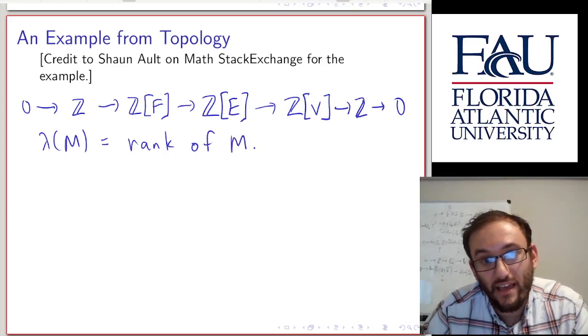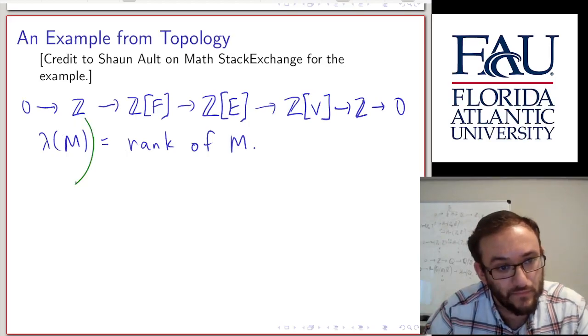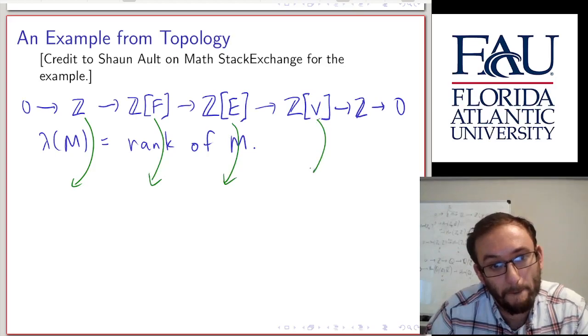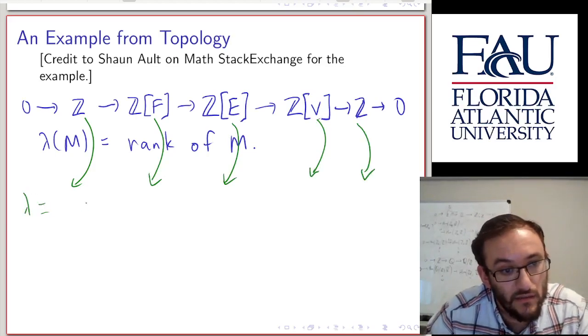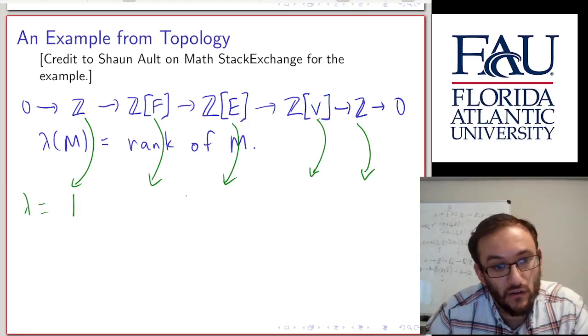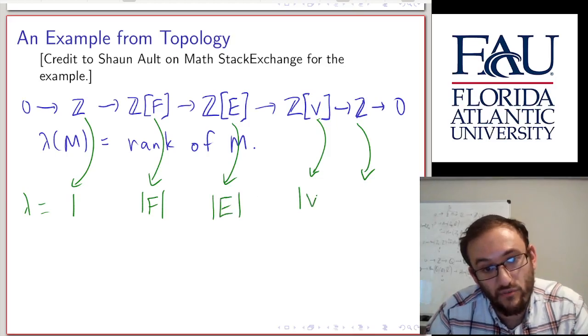And when I apply lambda to each of these, lambda equals, here it's 1, here it's the number of faces of your polyhedron, here it's the number of edges, here it's the number of vertices, here it's, again, 1.